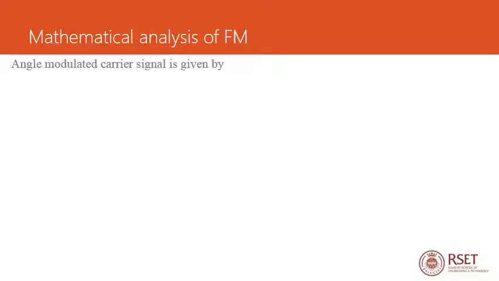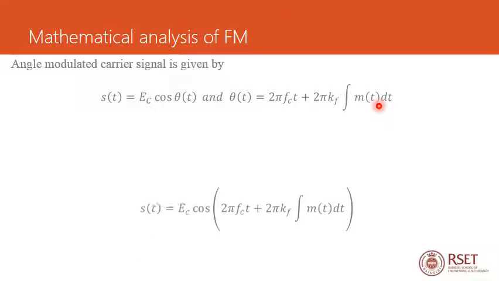The angle modulated carrier signal is given by S of t is equal to Ec into cos theta of t. So in the previous slide we derived the expression for theta of t, which is equal to 2 pi Fct plus 2 pi Kf into integral m of t into dt.